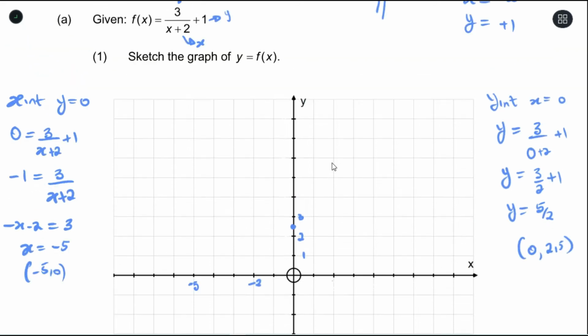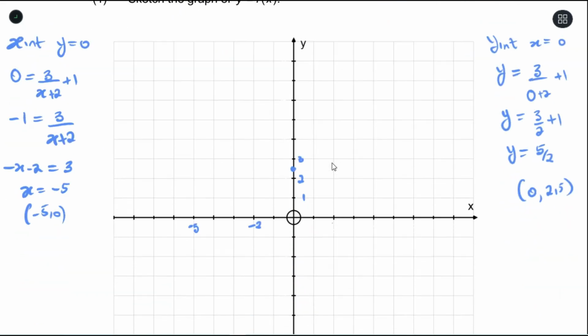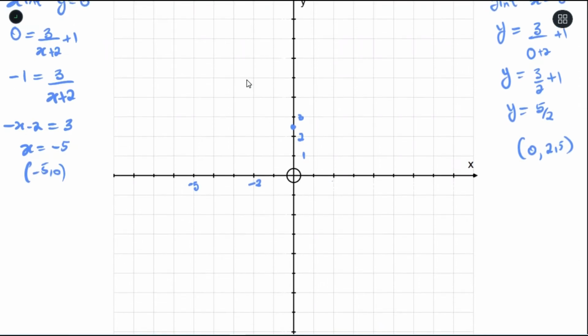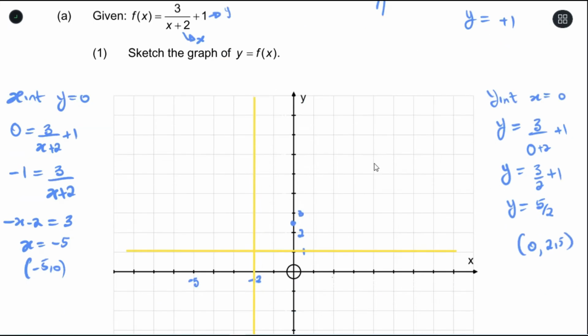Okay, and I think that is it, right? I think we have all the values. Yes, okay, so now let's plot all of this. So the first thing we'll do is we're going to draw our asymptote. So we're going to draw a straight line through this. Then the y-asymptote, we'll draw also another straight line through this. So since we expect our graph to look like this, put this at the back of your mind when you're drawing.